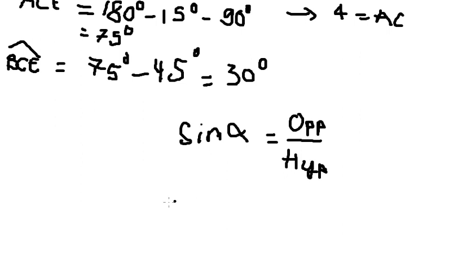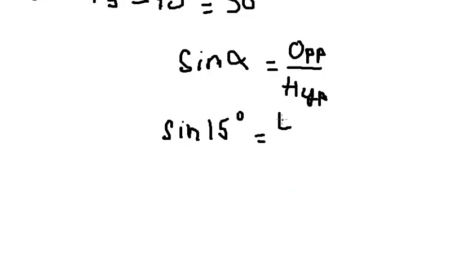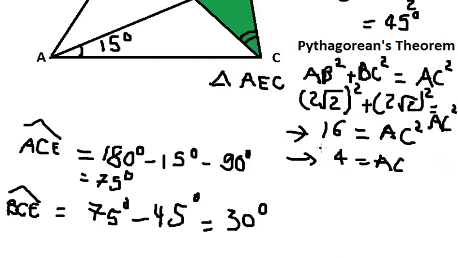So in this one we put 15 degrees. Opposite is EC. Hypotenuse is AC.